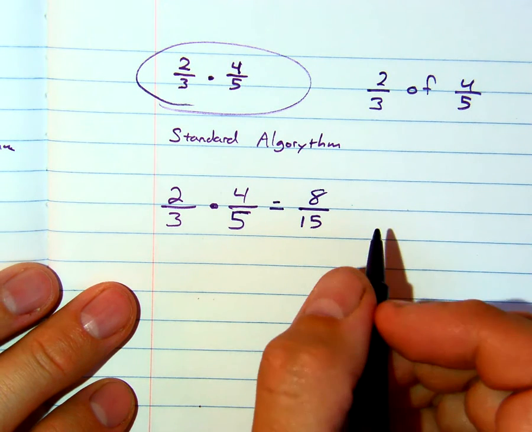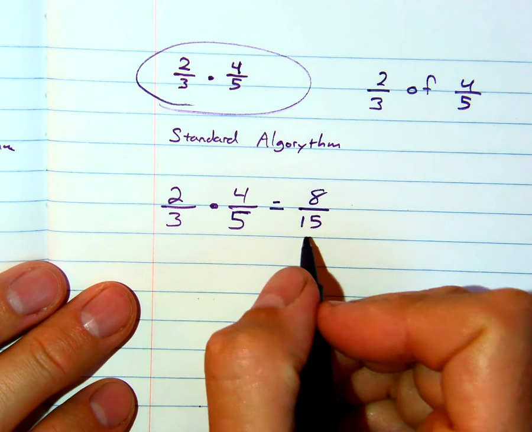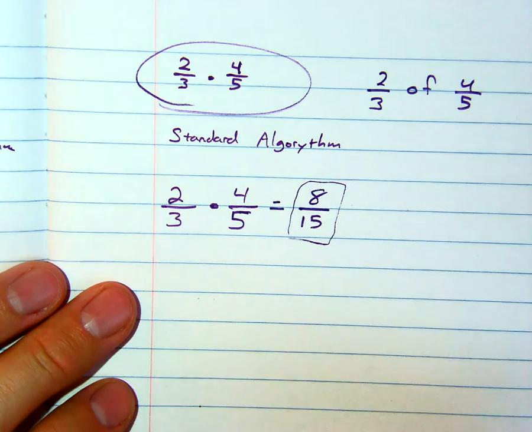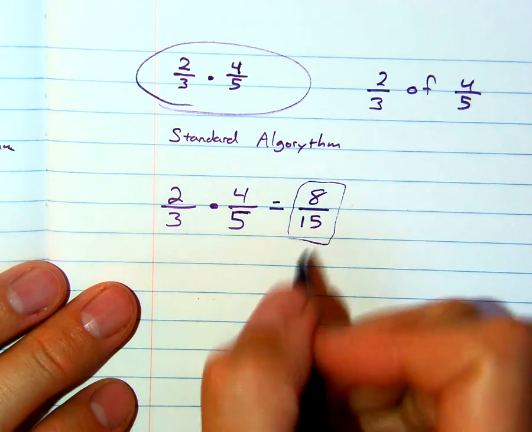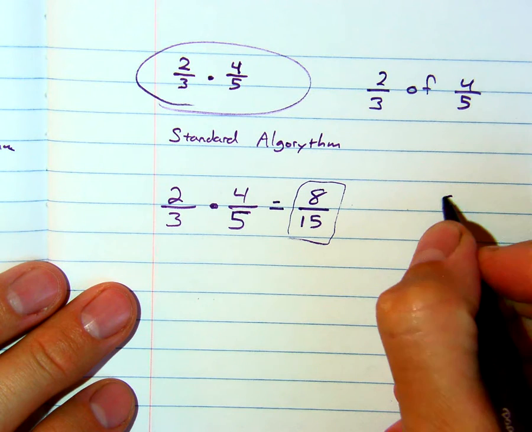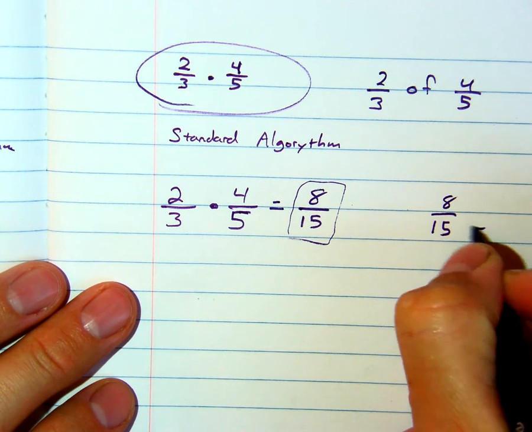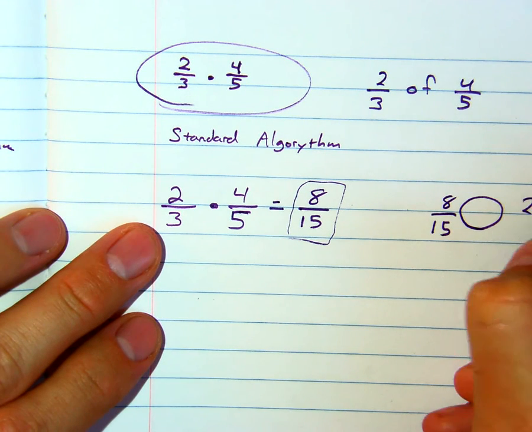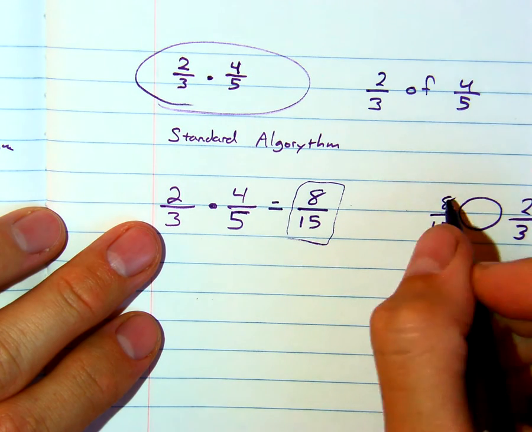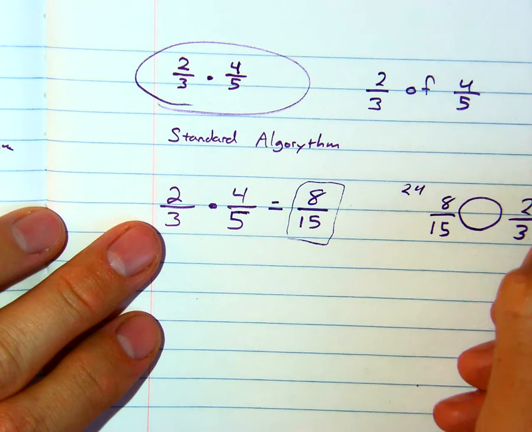Now, what we really need to figure out is, how does this product compare to our factors? So this is our answer, but I want you to see what this answer is. If we have 8/15, we're comparing it to 2/3. Which one is bigger? Which one is smaller? 3 times 8 is 24. 15 times 2 is 30.